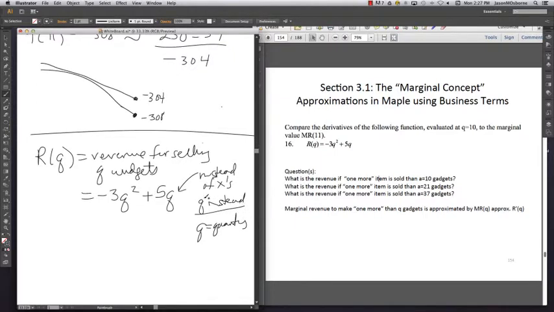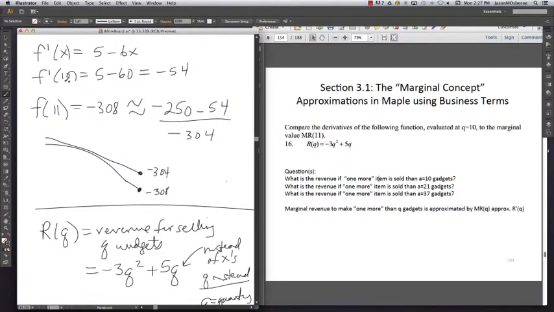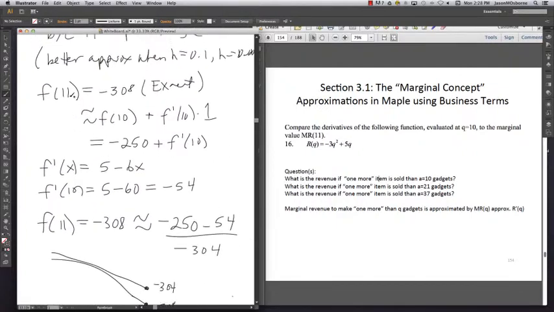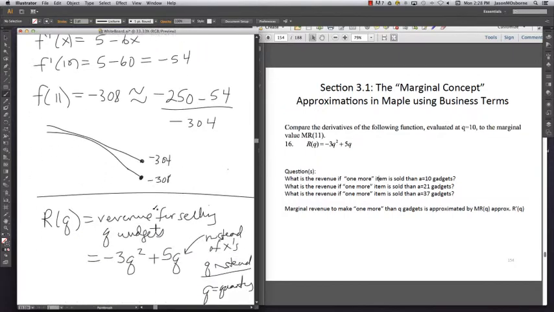Now here's the question. In the above problem, R of 10 is the revenue for selling 10 items. And according to us up here, when you plug in 10 into that function, you get negative $250.